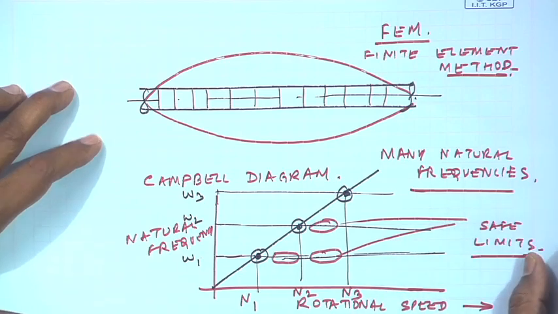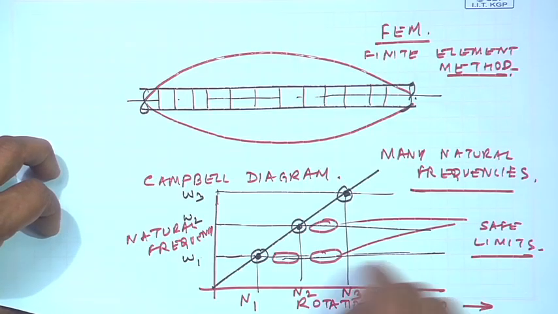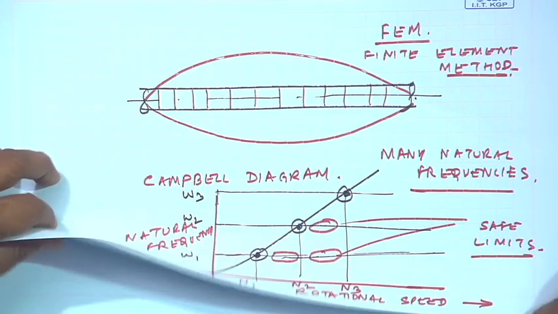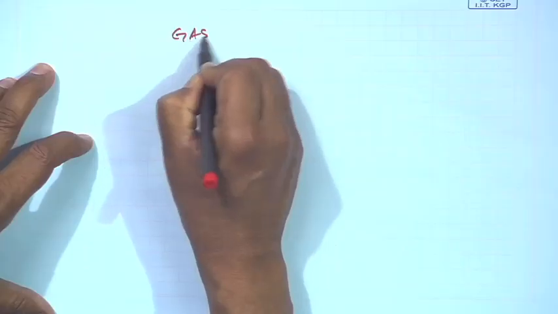So, as a machinery operator or a designer, we have to specify the safe limits for such machines which have multiple operating speeds, so that one avoids critical speeds. And in these conditions, you will see, particularly when the speeds are very high, when you are operating a gas turbine.